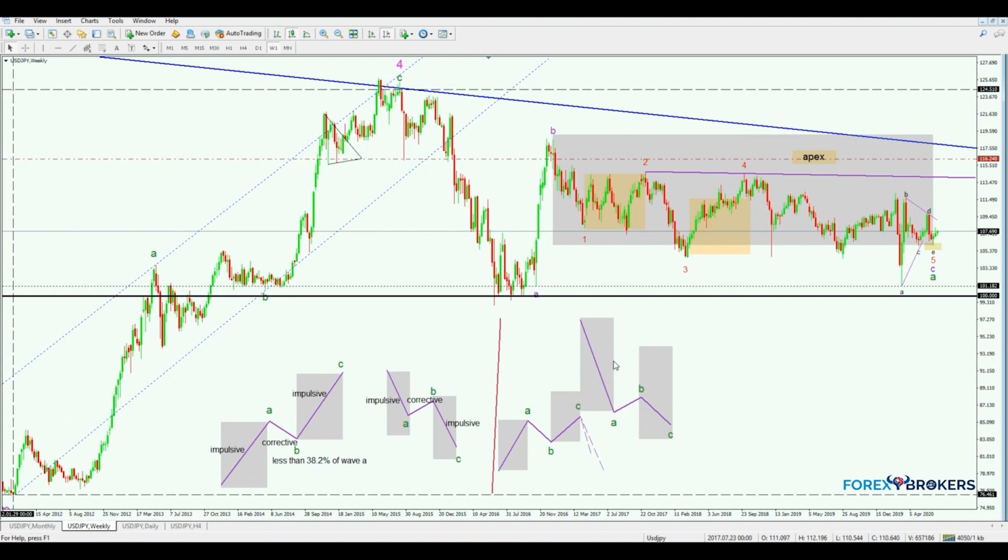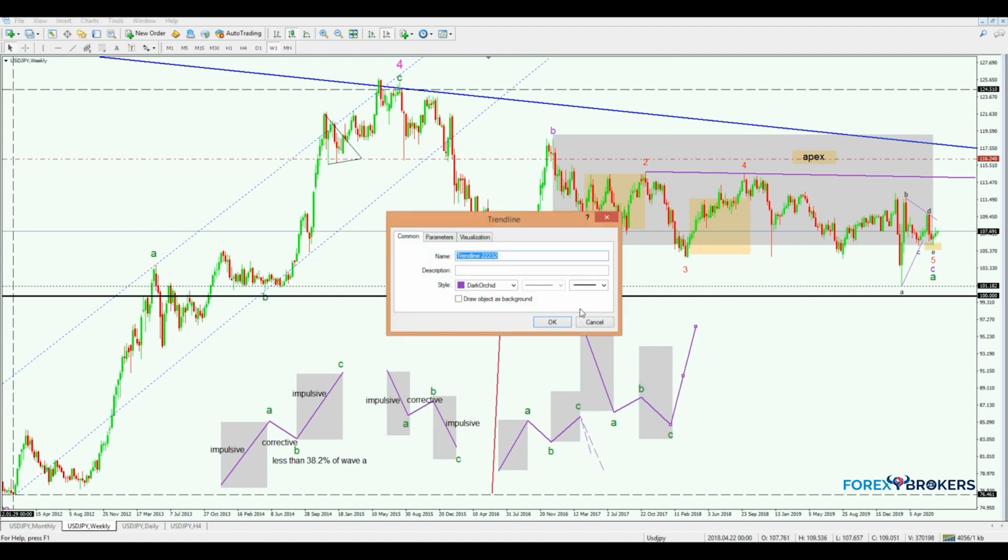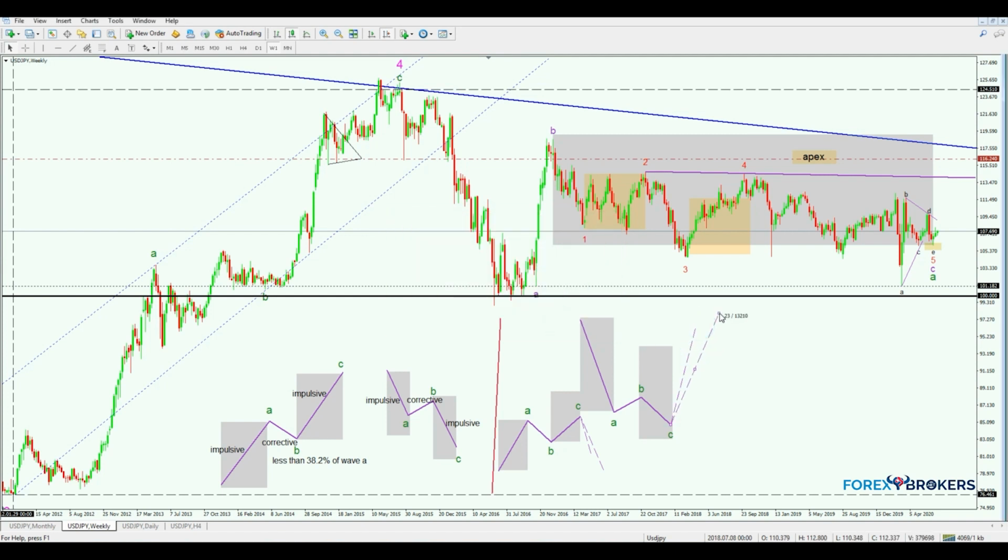In the case of this bearish truncated zigzag A, B, C, the market reverses aggressively, minimum 80%, but also often retraces 100% of it. And this is why truncated zigzags are so powerful.